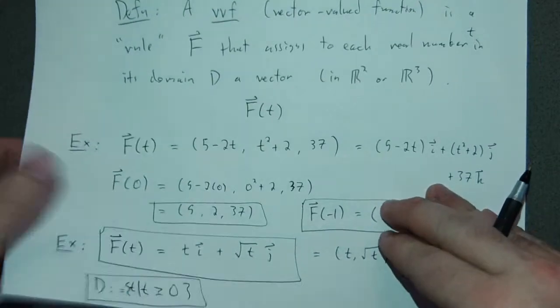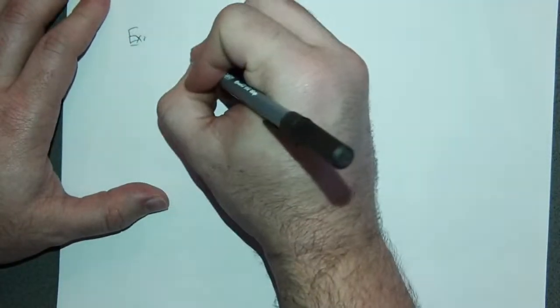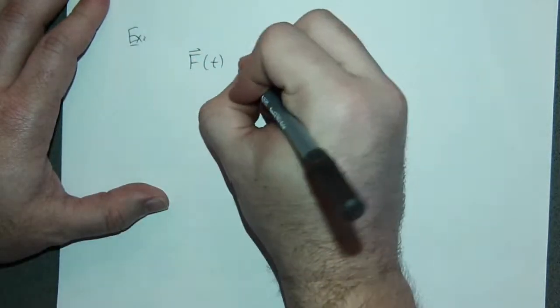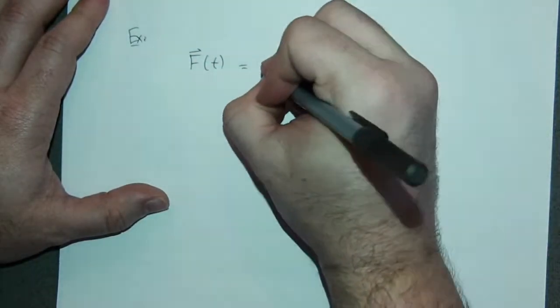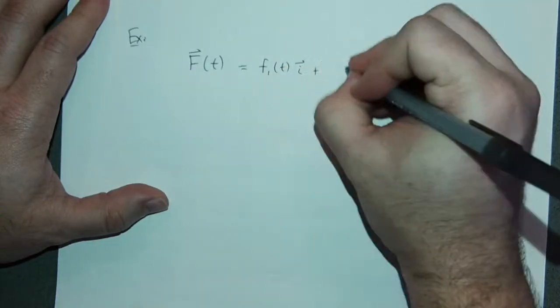Okay, so you see where this is going. So one more example here. So you note, right, that in general, if I have a vector valued function, what is it actually? It is just a vector of real valued functions.